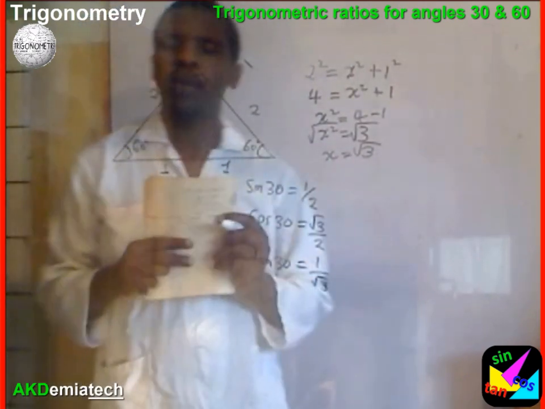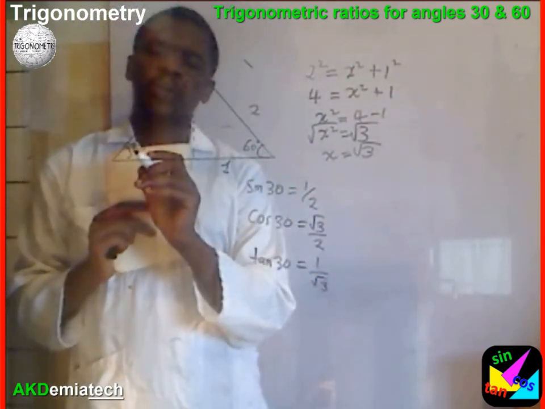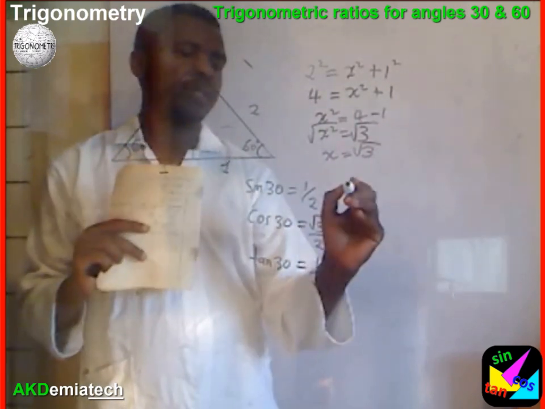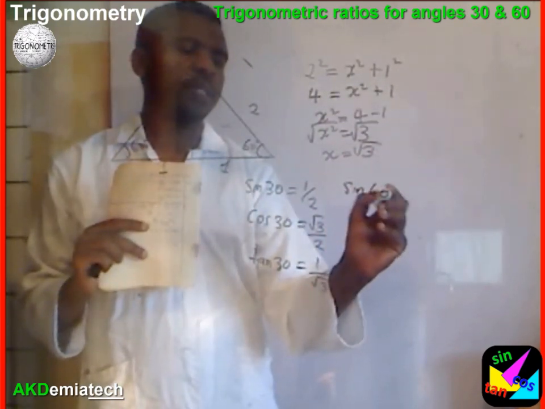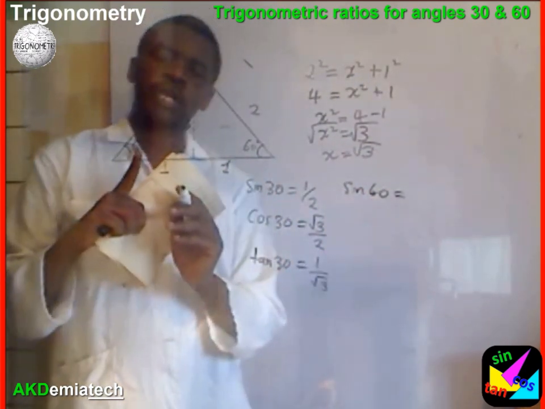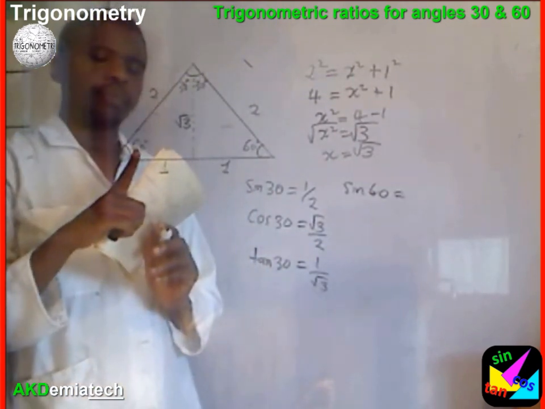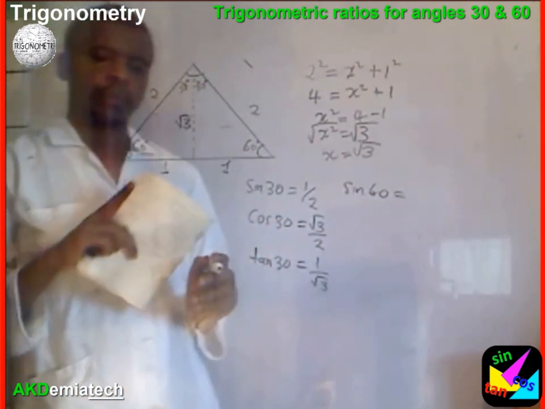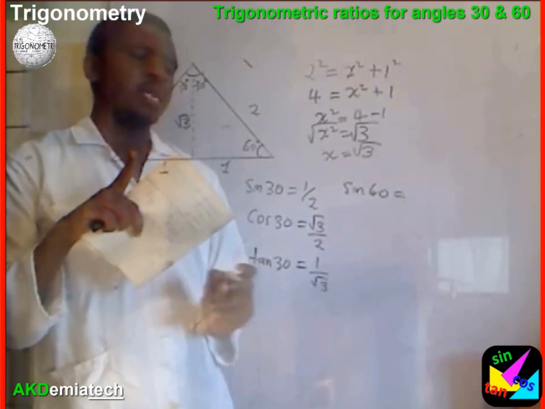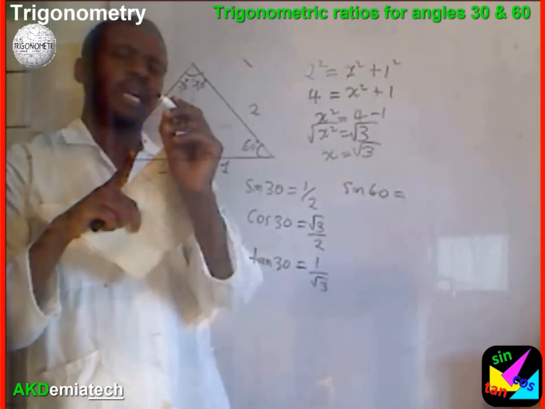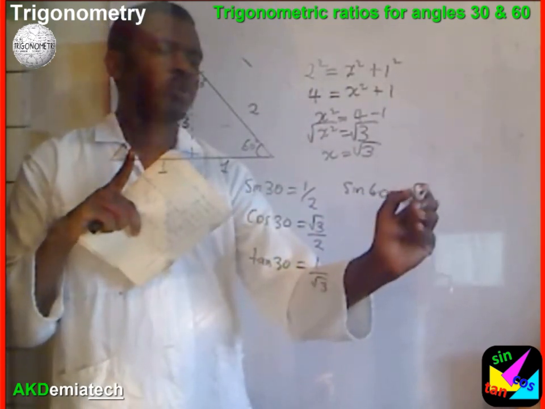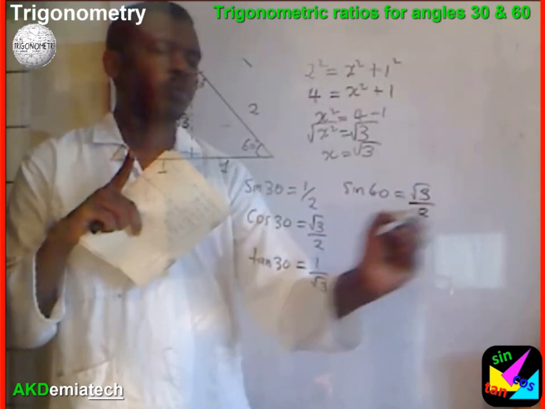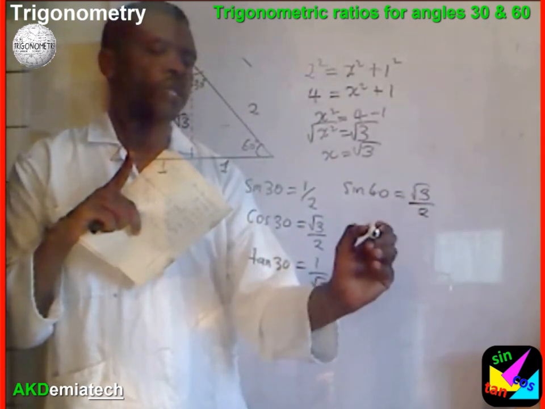Now let's look at those ratios when the angle is 60 degrees. Sine 60 is equals to, we are working here. Sine is opposite all over hypotenuse. So I'll have root 3 all over 2. Cos 60.